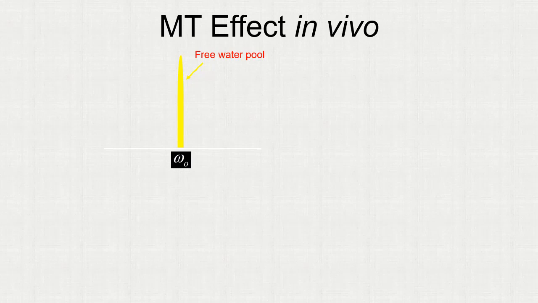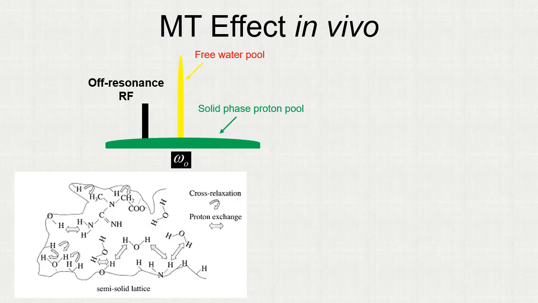So in vivo, what does this look like? We typically think about having a water component, a free water pool, and we also think about having a semi-solid proton pool associated with that. A typical magnetization transfer experiment that's been done for a number of years is that we would selectively saturate the solid phase protons. Those protons then are exchanged with the free water, but now they exchange the saturation and cause a reduction in the free water observation.